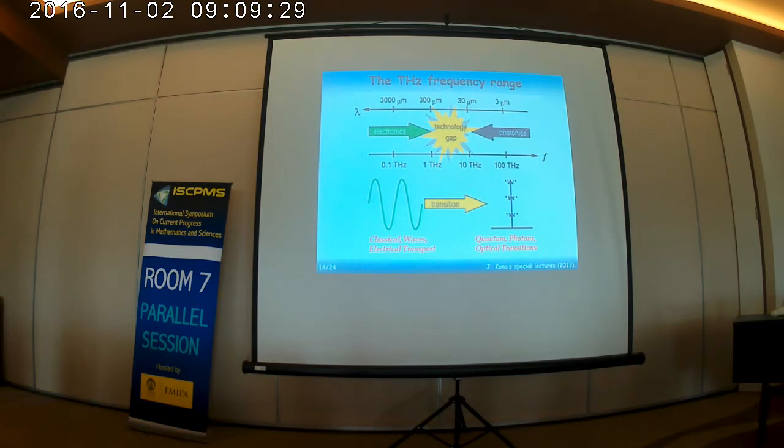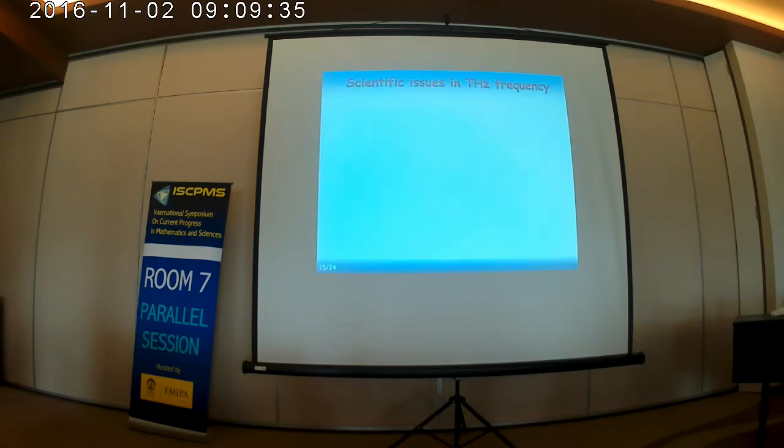And furthermore, there are a lot of interesting scientific issues in terahertz frequency. There are many low energy excitations in condensed matter in the terahertz. For example, phonon, plasmon, magnon, and superconducting gap usually occur in the terahertz frequency.